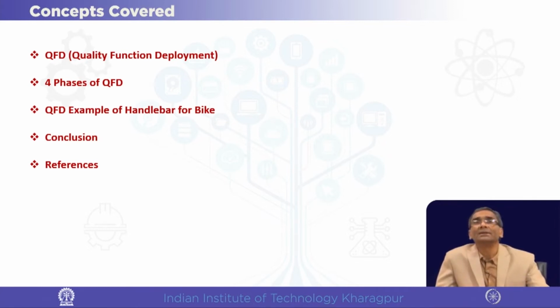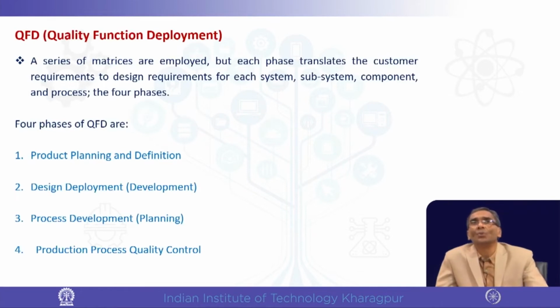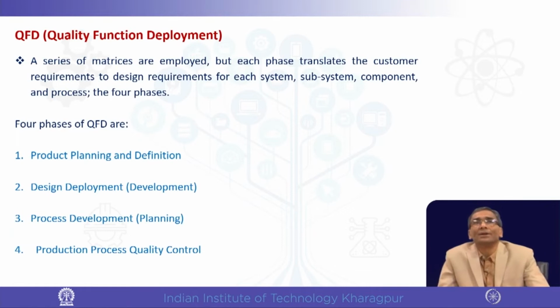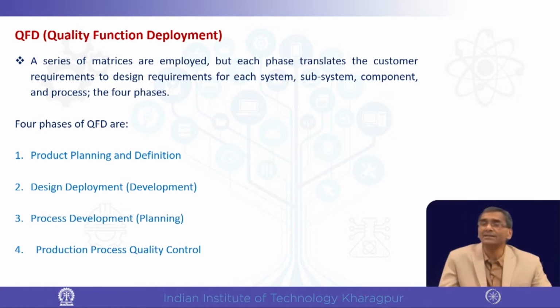Having said that, just for a recap, these 4 phases, as I said, are a series of matrices. As you had seen earlier, each is a matrix, and there are 4 such matrices.